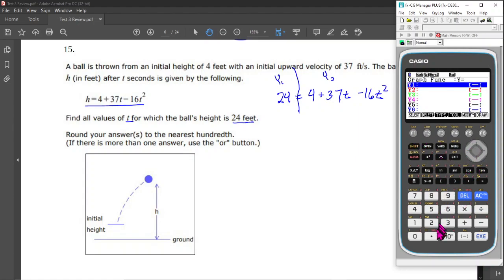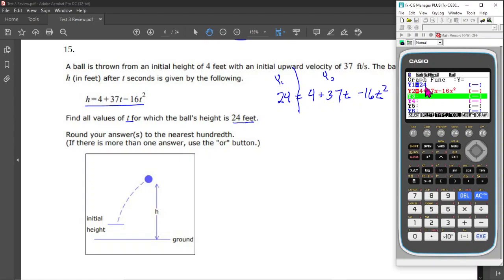So y1, I'll just make it 24. And that's what we're going to see, a horizontal line at y equals 24. And then we graph this function, 4 plus 37x subtract 16x squared.